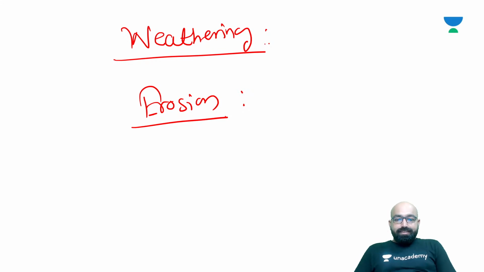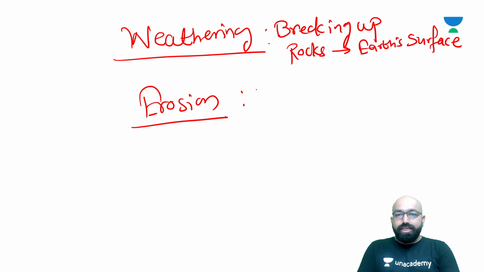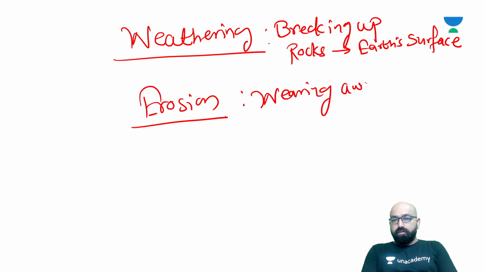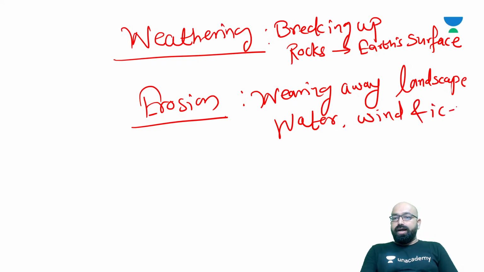So friends, weathering is the breaking up of the rocks on the earth's surface, whereas erosion is the wearing away of the landscape by different agencies like water, wind, and ice.